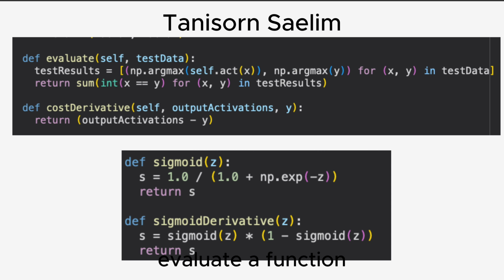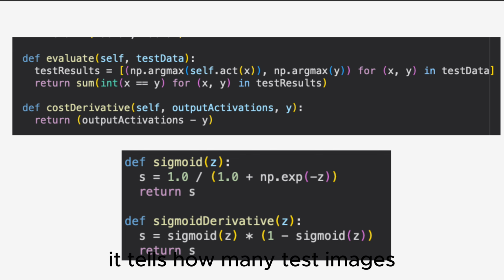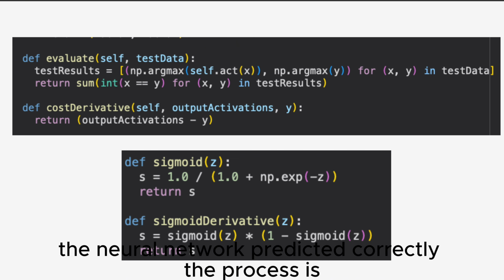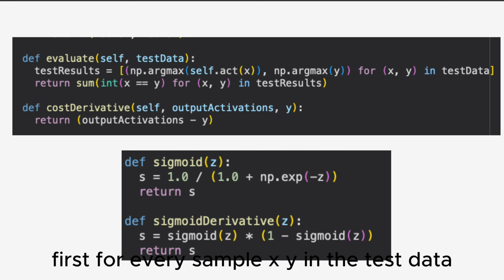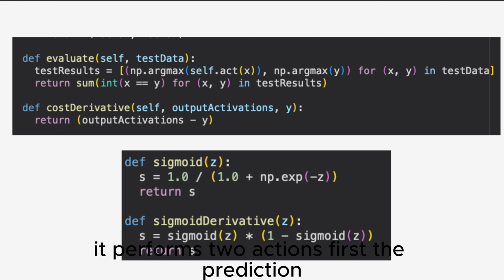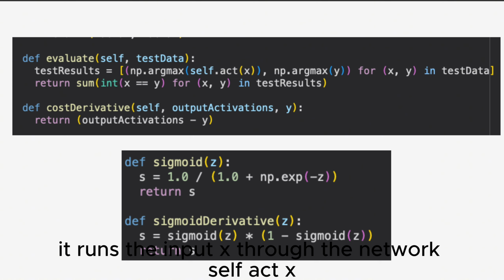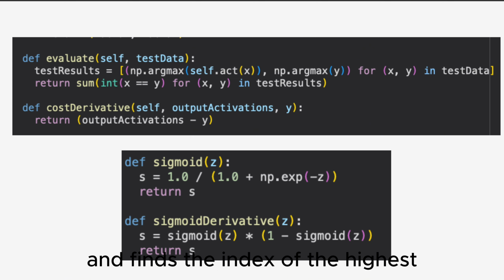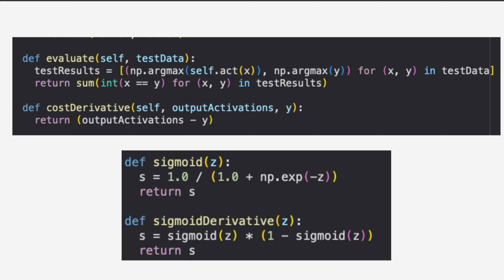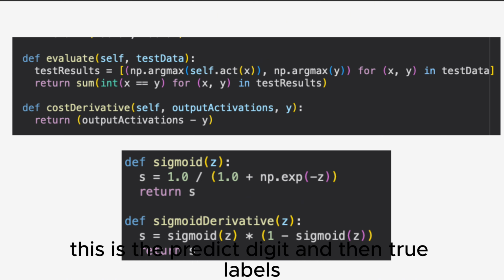Evaluate function. It tells how many test images the neural network predicts correctly. The process is, for every sample x, y in the test data, it performs two actions. First, the prediction. It runs the input x through the network, self feedforward x, and finds the index of the highest output activation using np.argmax. This is the predicted digit.